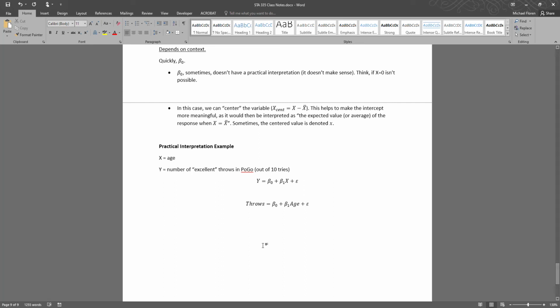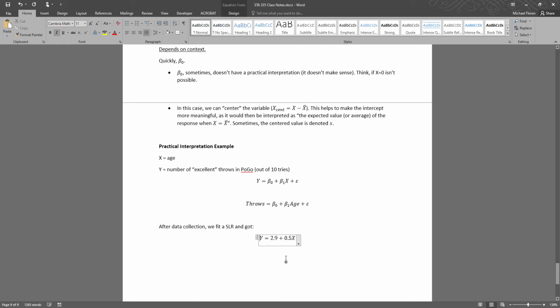In our example, let's say that after data collection, we fit a simple linear regression model. And our beta 0, let's say, was 2.9. And our beta 1, let's say, was 0.5.